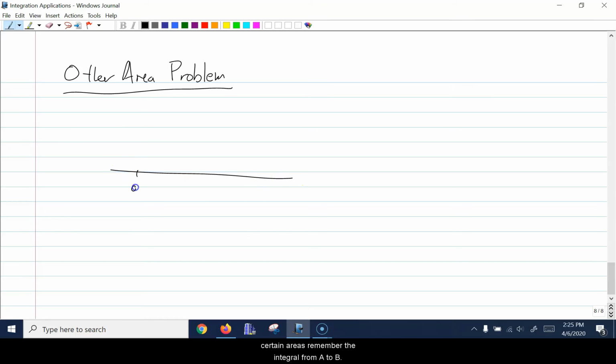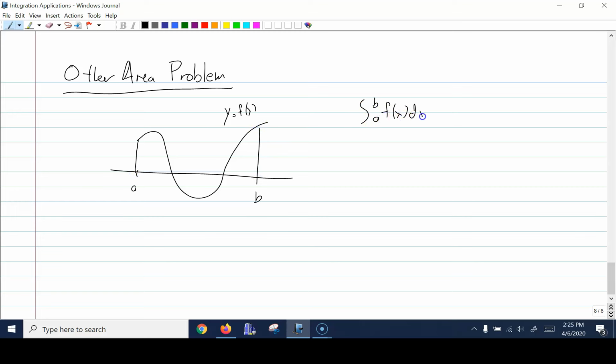Remember, the integral from a to b of some function gives you the total area under the curve and above the x-axis minus area above the curve below the x-axis.